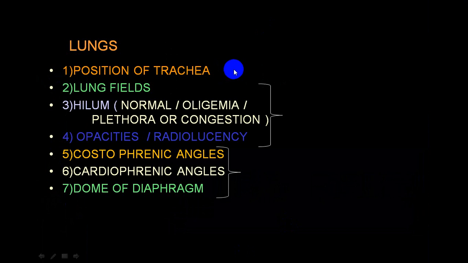Now, whenever you look at the lungs, it is not only the hilum and lung fields. Position of trachea also is very important to identify the lung pathophysiology. Then you have to look at the lung fields, whether there is opacity or radiolucency.